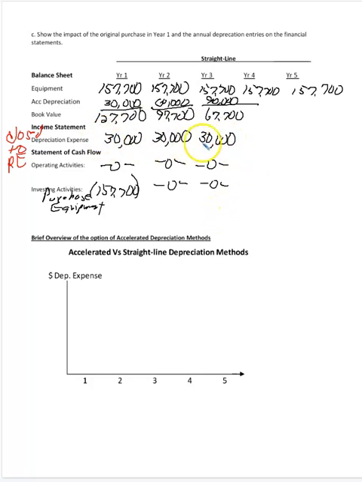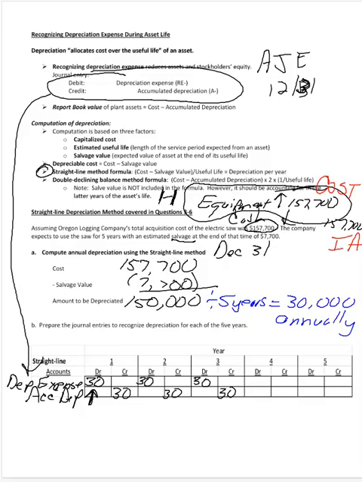Okay, remember we closed this $30,000 depreciation expense to retained earnings, so it'll have a zero balance when we start year 4. All right, year 4 takes place, December 31st rolls around, and we're going to make a journal entry to depreciate $30,000.